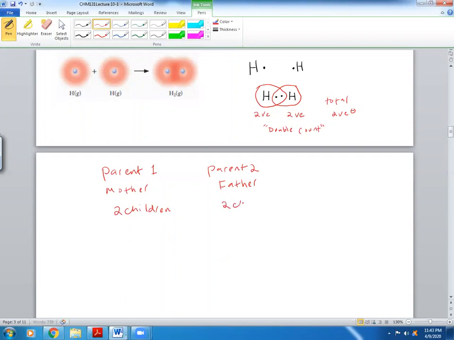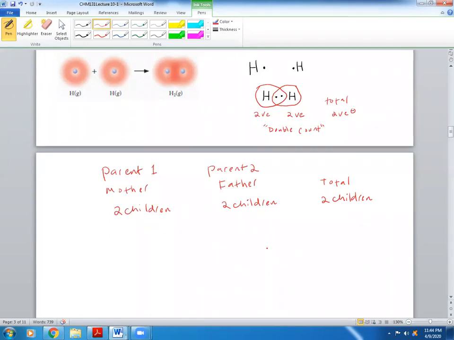He says, 2 children. Does that mean that they have 4 children? No, the total is still 2 children. Because they're sharing, right? Those kids are shared between the father and the mother.